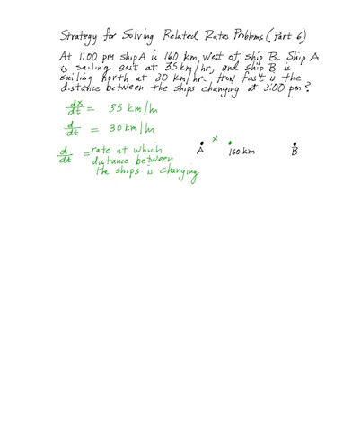Now, what's changing at a rate of 30 kilometers per hour? Ship B originally was here as indicated by this dot labeled B, but then ship B is moving north over time.